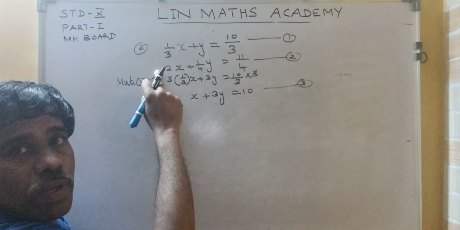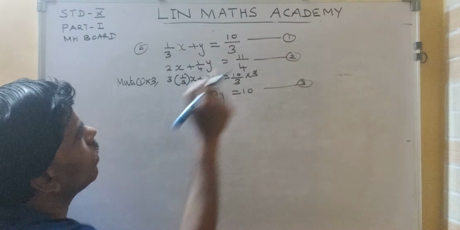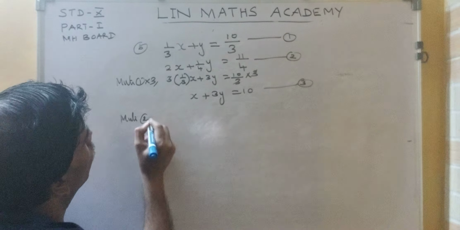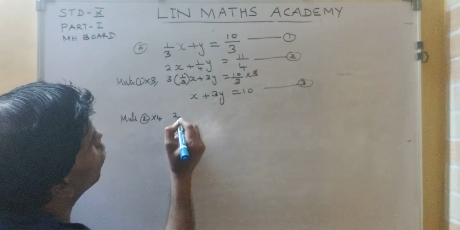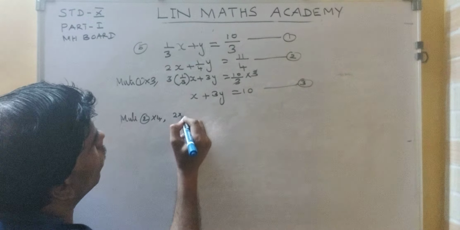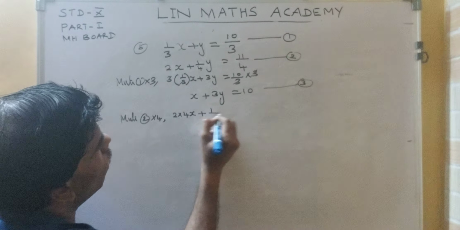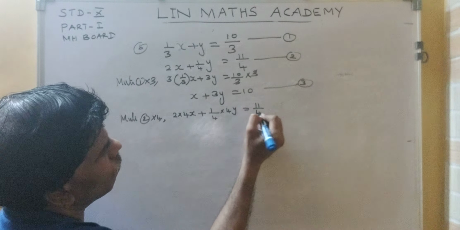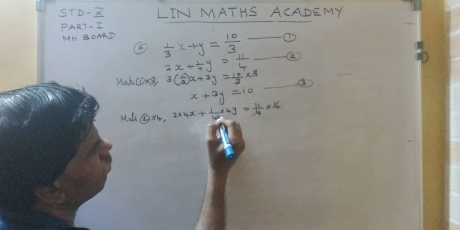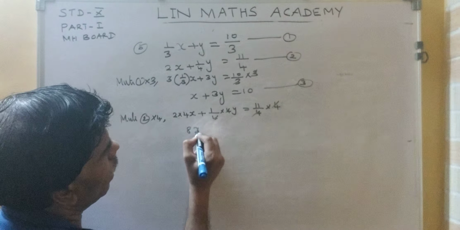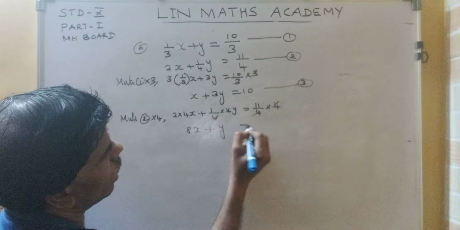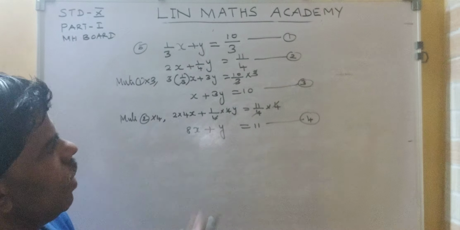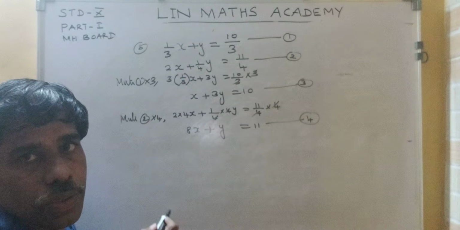Similarly, this one we will multiply by 4, right? So, multiply with 4. So, 2 into 4x plus 1 by 4 into 4y equal to 11 upon 4 into 4. So, you have got 8x plus y equal to 11. Now we are going to solve these two equations.